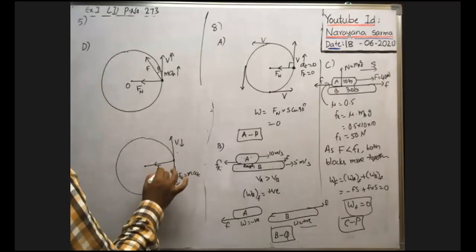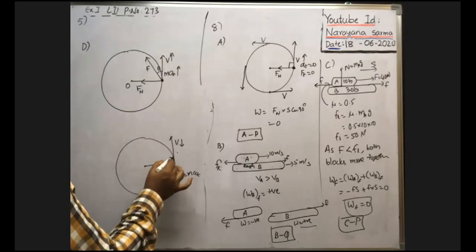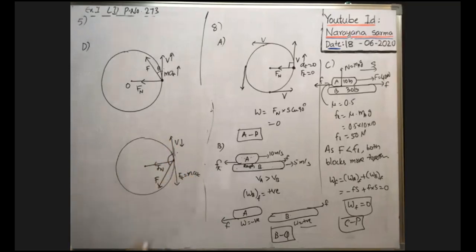Centripetal force is as usual. Then the resultant force is in this direction. In this case, the angle between displacement or velocity and this net force is obtuse, so the work done is negative.